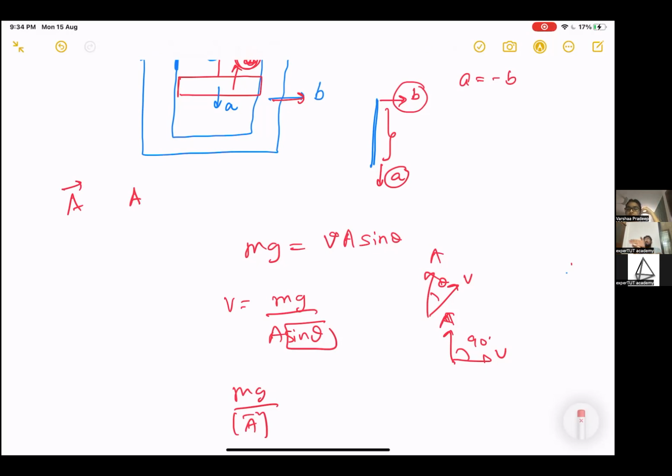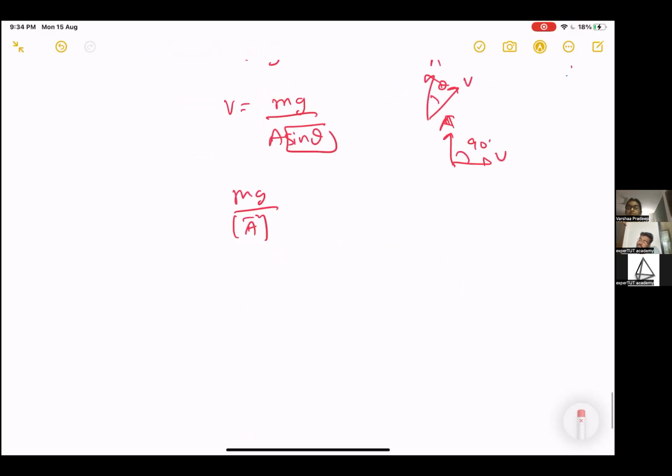Your a is horizontal, so v must be horizontal and perpendicular to a. They should all be mutually perpendicular. Suppose this is the 3D world, and something is going like this. So this is the area vector a.